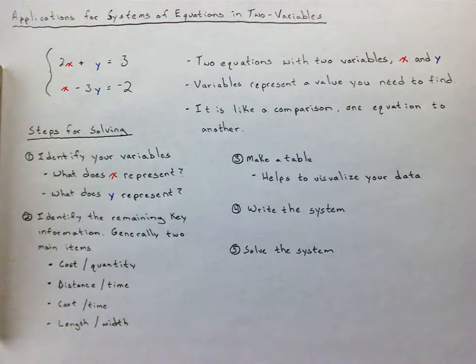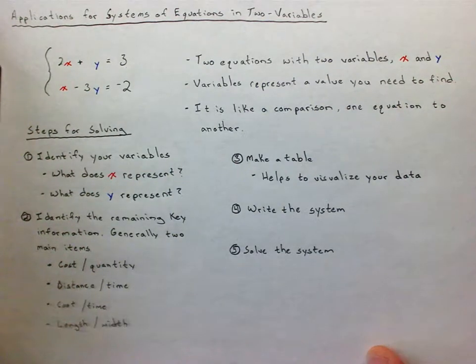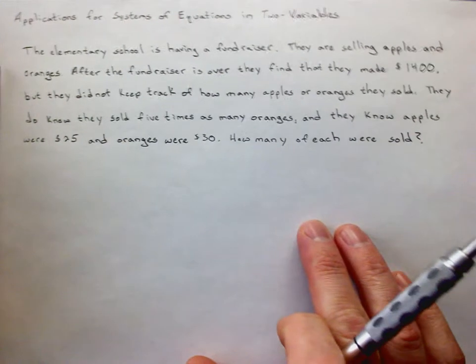You get rid of all the extraneous information, and in that table you just have your variables and your values representing the 2 key pieces of information. And from that you write the system and then you solve the system.